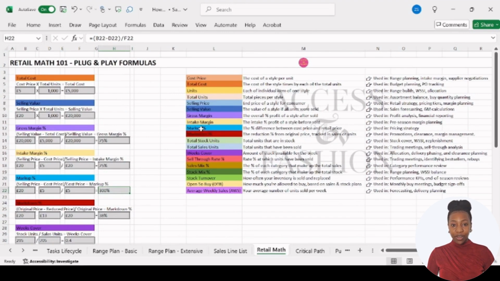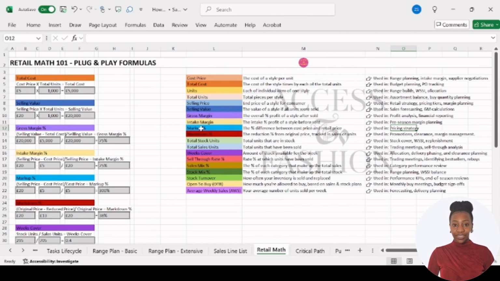We've got our markup description here, which is the percentage difference between cost price and retail price. And it's used in pricing strategy. So you would use that when you're trying to analyze the pricing architecture of that style.